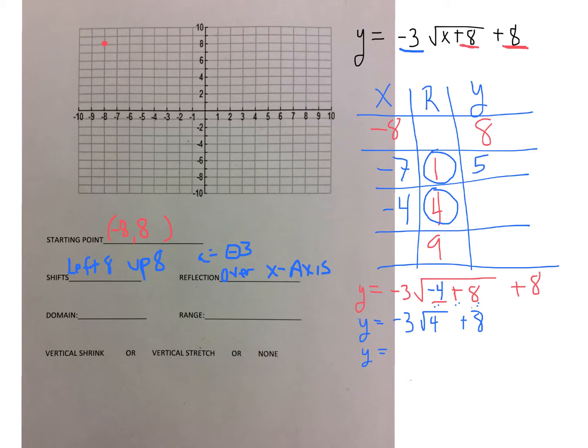Y equals -3 and radical 4 is 2 plus 8. Multiply. Y equals -6 plus 8. Therefore, Y will equal 2.